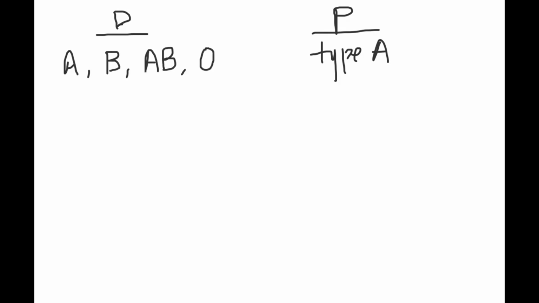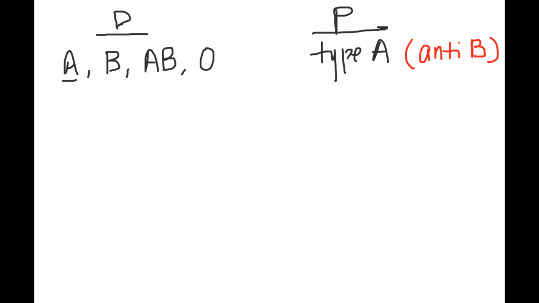That's type A, type B, type AB, and type O. And we know the antigen determines the type. So if we write the capital letter A, that means this donor has type A blood. On the patient side, if this patient has type A blood, that means this patient has anti-B antibodies in the plasma.